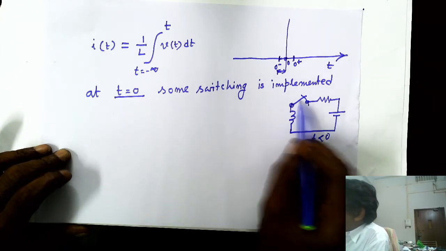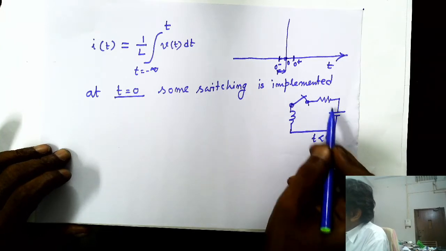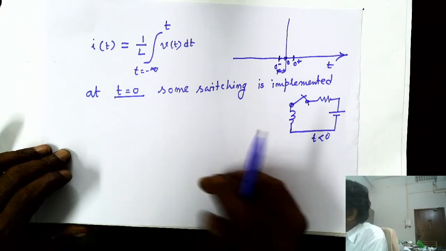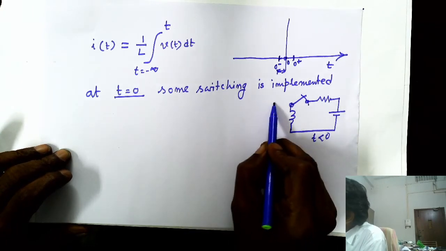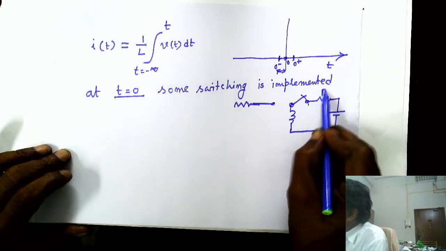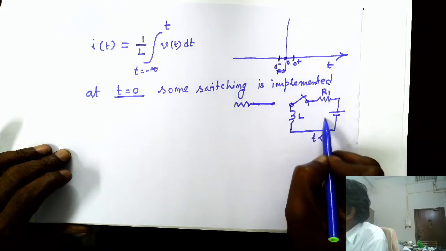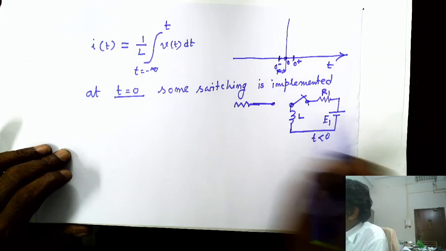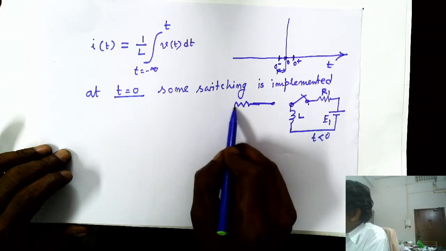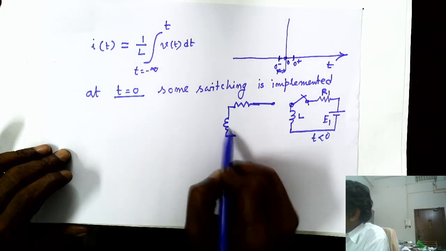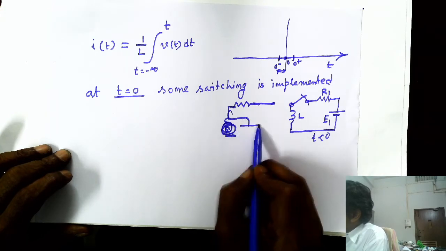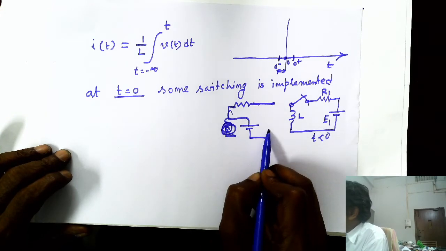Therefore, in an RL circuit, current grows exponentially, we know. Say this was R1, this is L, this is some E1 voltage. It was connected there, current was building up, something like that. And on this side, you connect another circuit, a voltage like this.